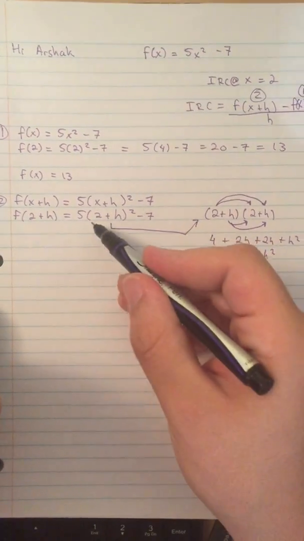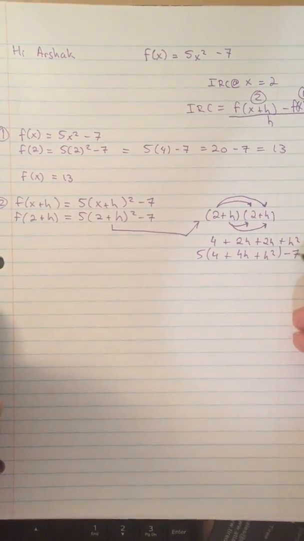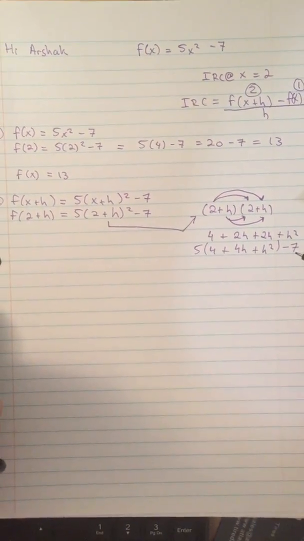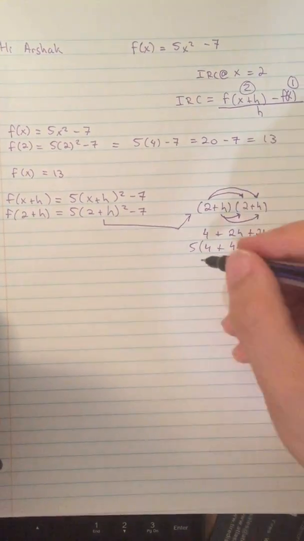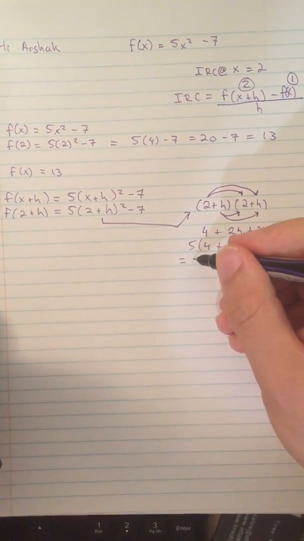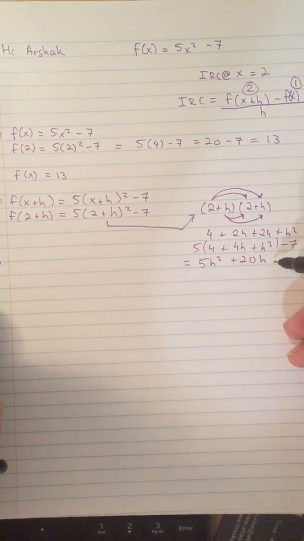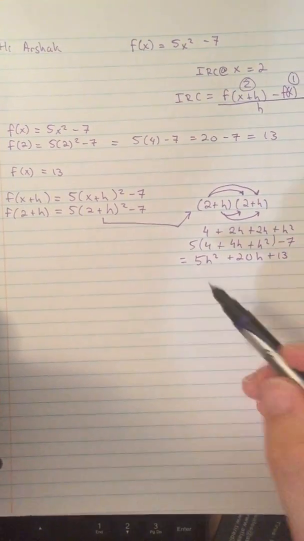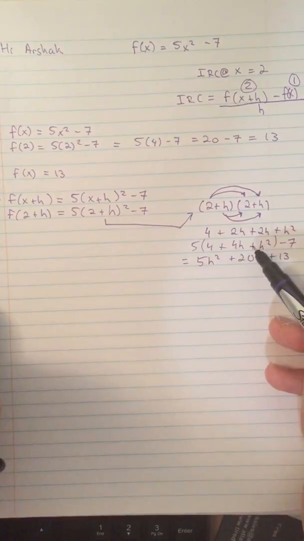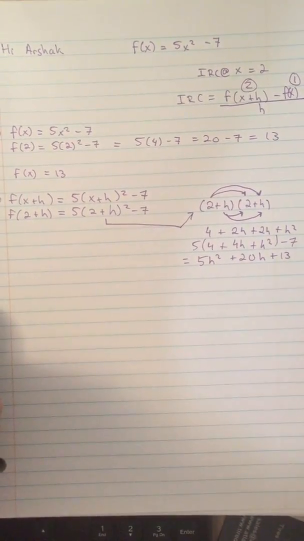So since we're doing this part as well, essentially it'll just be that minus 7. And then long story short, this ends up being 5h squared plus 20h plus 13. It's not that hard. You just multiply this into here, and then you do minus 7, so you get this part.